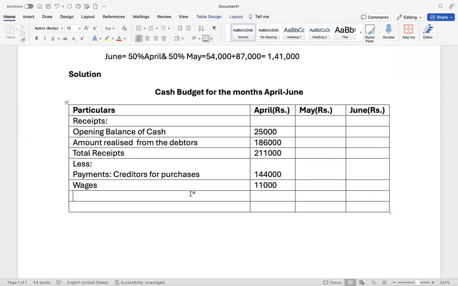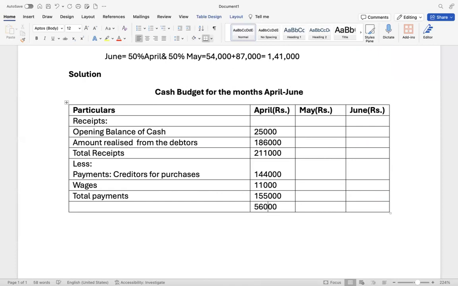The total of payments is equal to 1,55,000. And the balancing figure is 56,000.